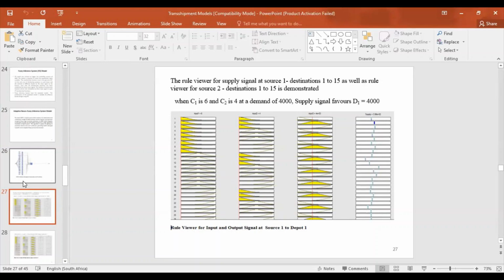There's a rule viewer for supply signal from source to destinations. So this has been able to give us, after loading the data sets, a rule viewer on the ANFIS model that shows the input variables.